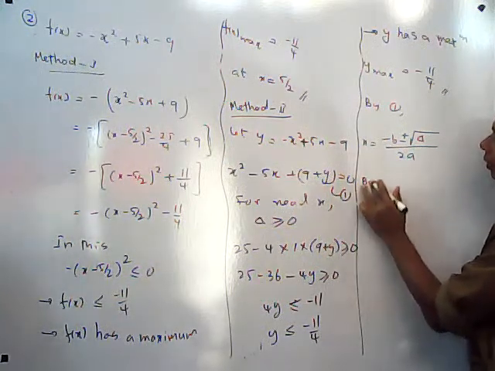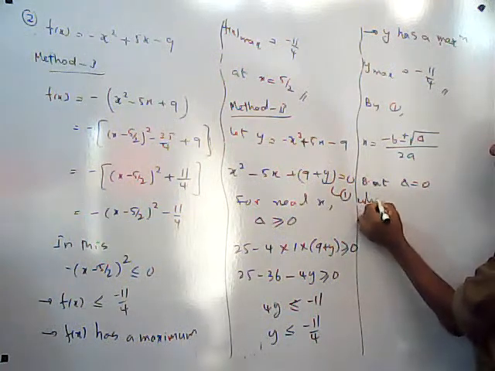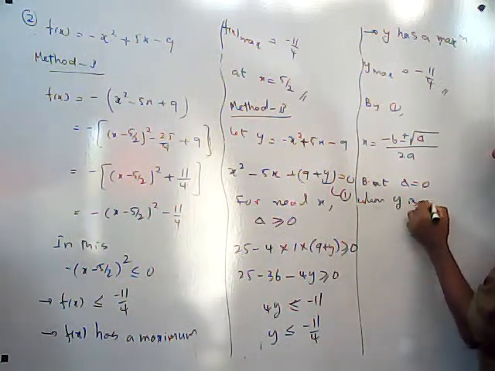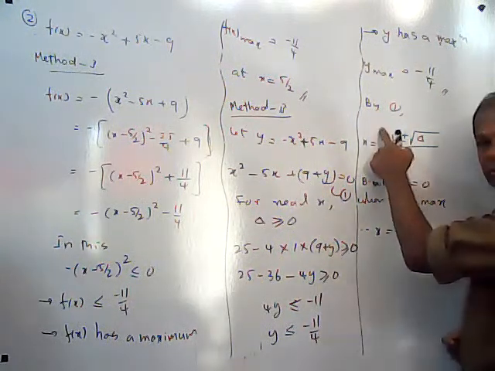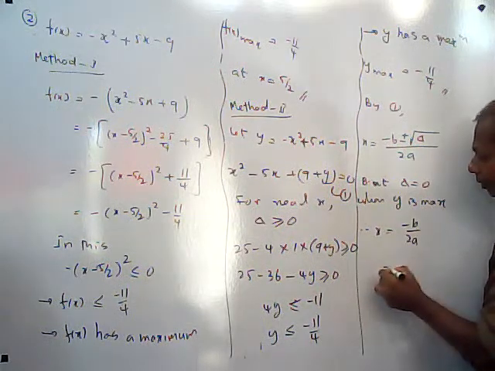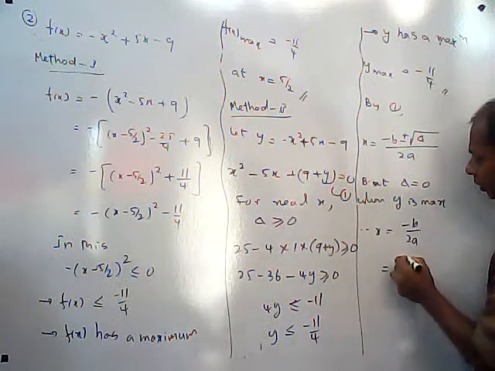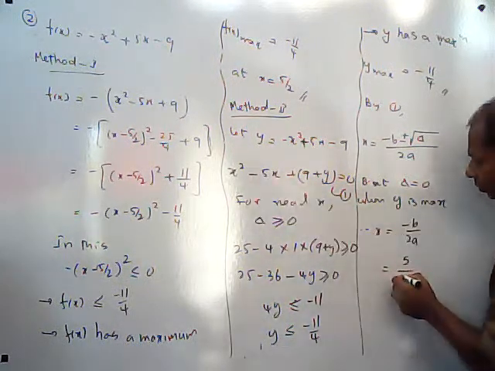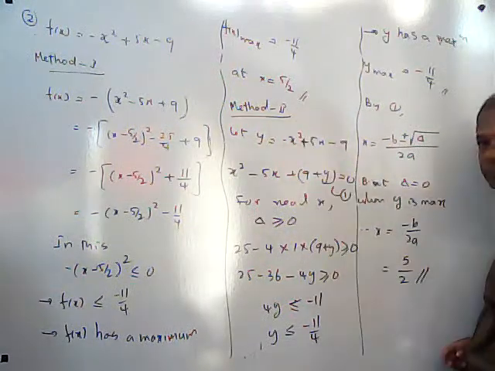Therefore, when y is maximum, x is given by just minus b over 2a, that is 5 over 2. The same answer as before.